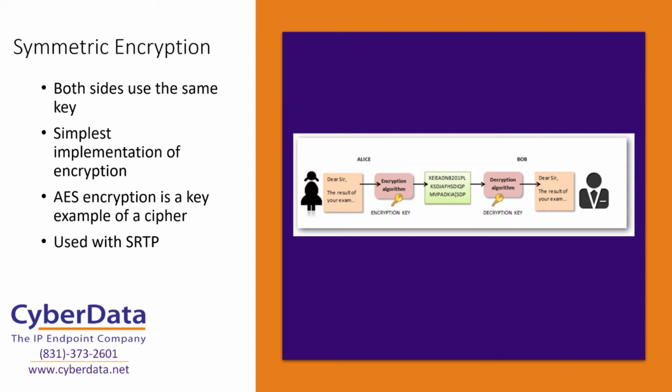And as you can see here in the middle, the message, "Dear sir, the results of your exam," has been turned into basically a whole bunch of garbled gobbledygook. It's no good. You're getting a string of random characters that don't mean anything. But then when Bob receives that, he can decrypt that with the exact same key that Alice used to encrypt it, and then he knows that Alice is just sending him the results of his test.